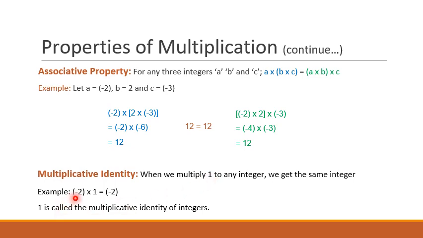See here, -2 multiplied by +1 will give me -2 only. So we say 1 is the multiplicative identity of integers. Multiplication by 1 does not change the integer. That's why we call it the multiplicative identity.